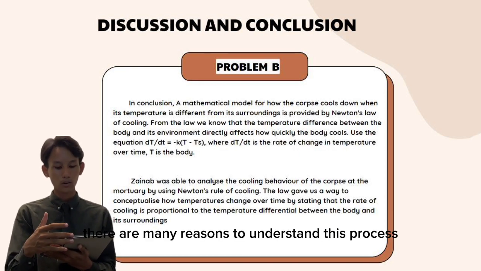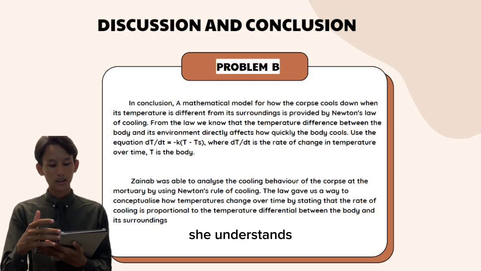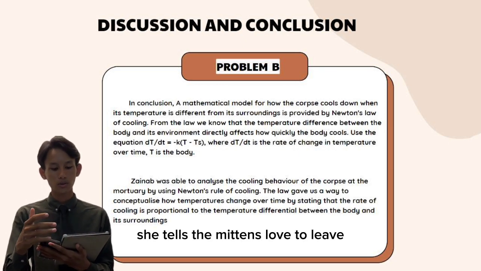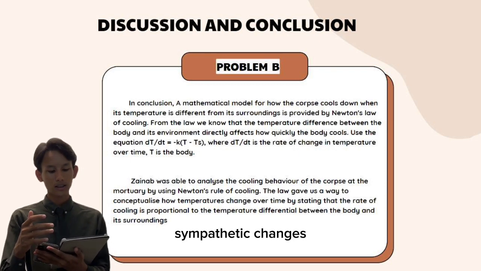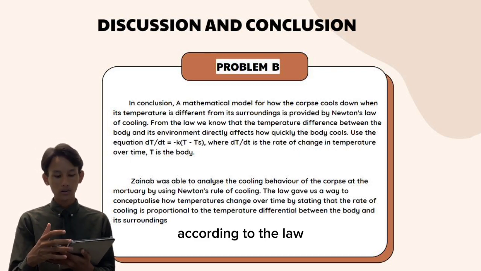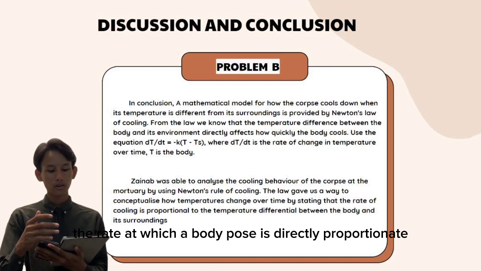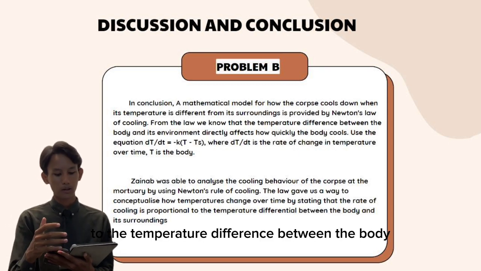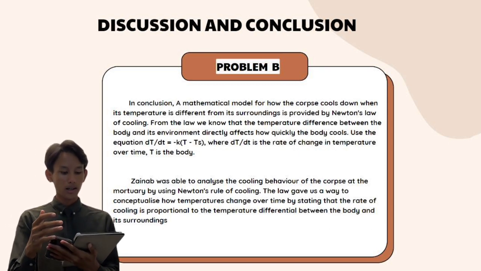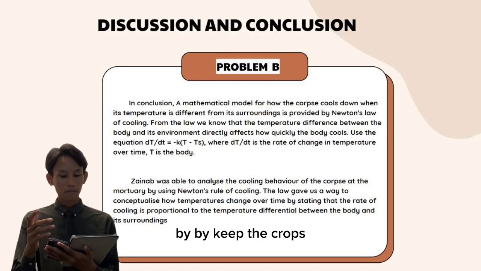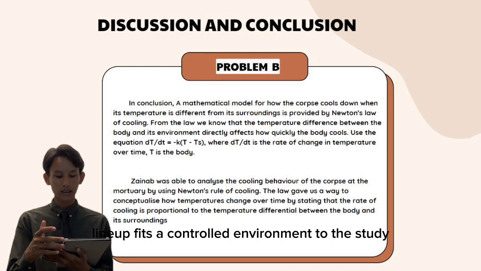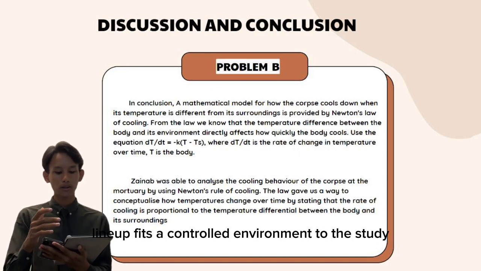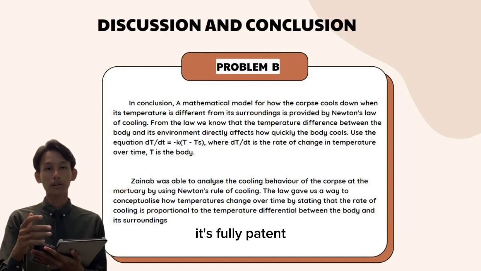She turns to Newton's law of cooling, which provides a scientific framework for studying temperature changes. According to the law, the rate at which a body cools is directly proportional to the temperature difference between the body and its surroundings. By keeping the corpse at a constant temperature of negative 5 degrees Celsius, Zainab creates a controlled environment to study its cooling pattern.